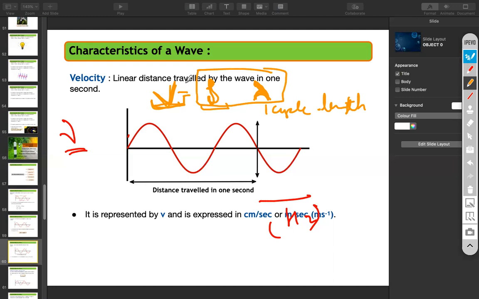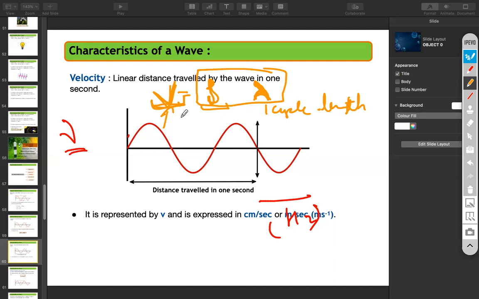If frequency is 5 waves passed per second, then 5 lambda means 5 lambda length has passed per second. Isn't it a velocity only?